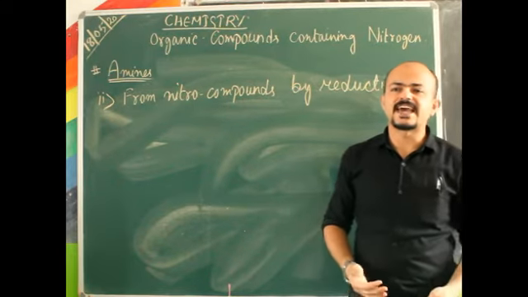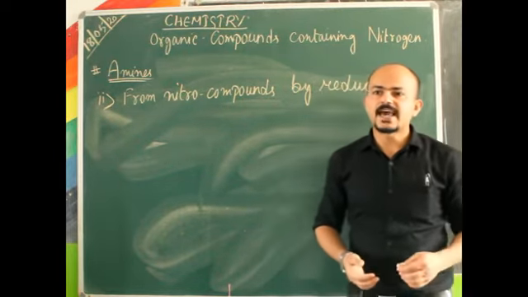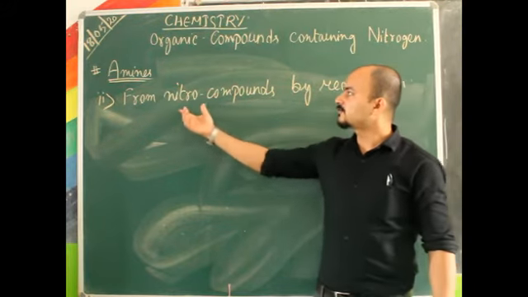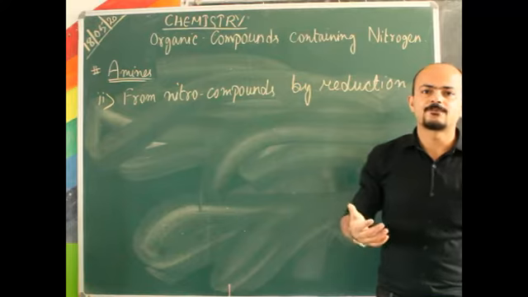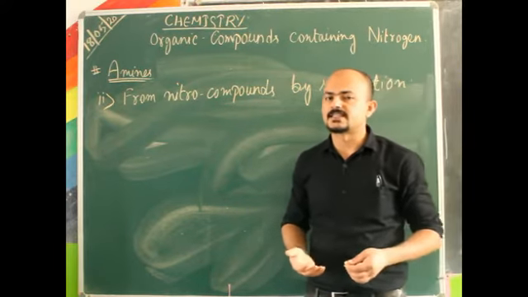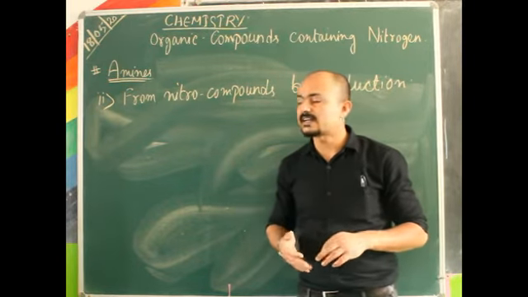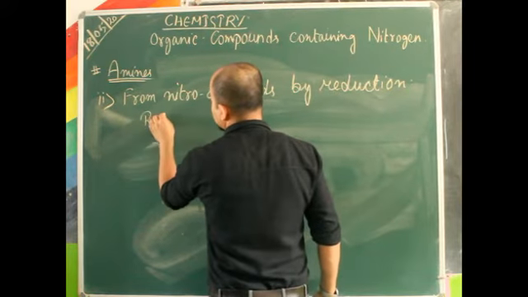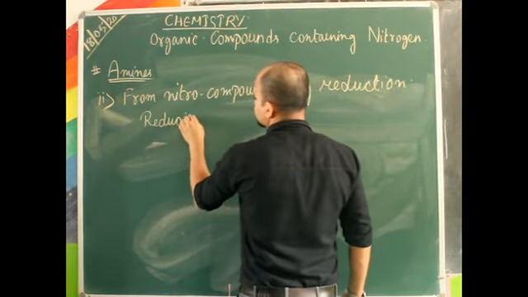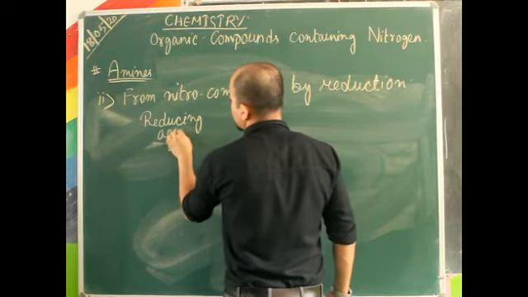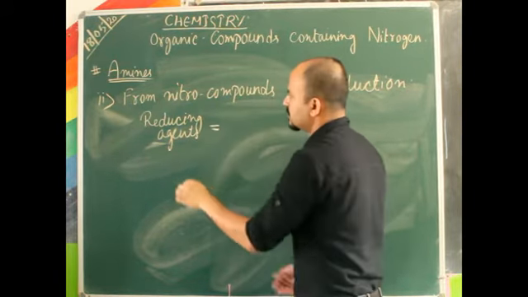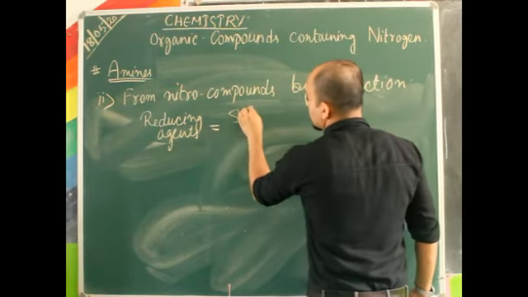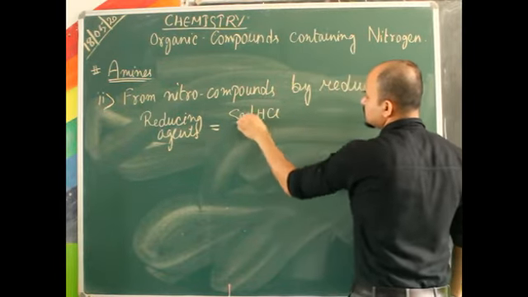Both aliphatic as well as aromatic amines can be prepared by reduction of corresponding nitro compounds by treating them with certain reducing agents. And please note it down. The reducing agents used in this particular reduction of nitro compounds are Sn in presence of HCl, tin in presence of HCl.